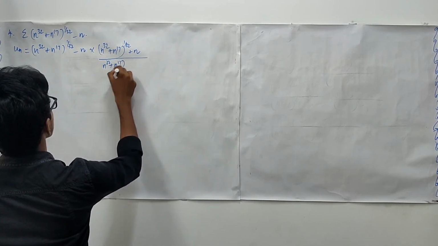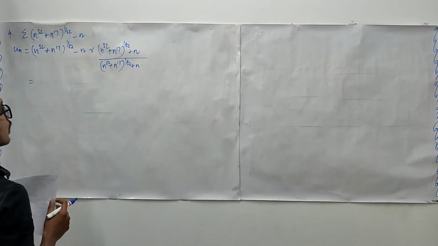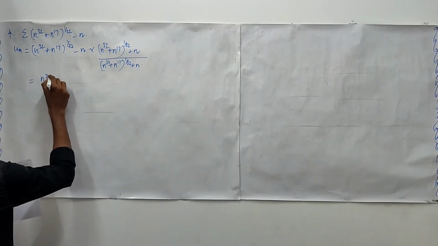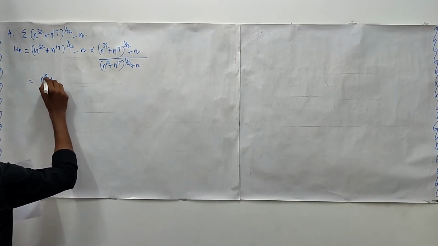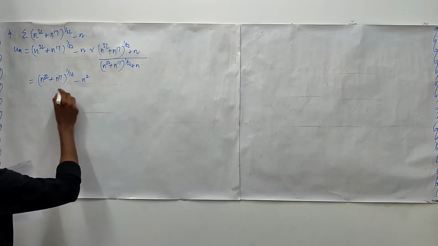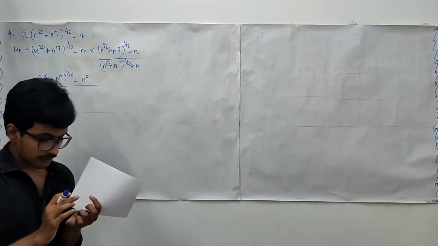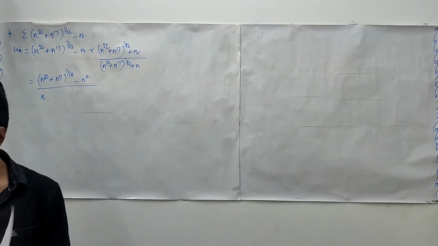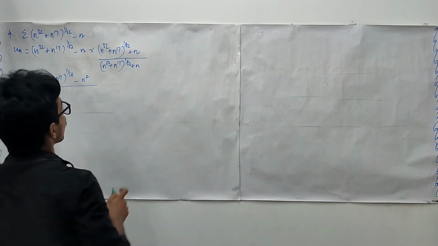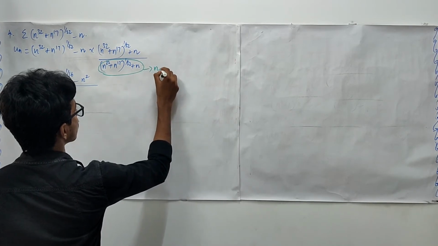In the numerator, it is in the form of a minus b into a plus b, a square minus b square. So it is going to become n to the power 32 plus n to the power 17, to the power 1 by 16, minus n square, upon this quantity. For simplicity, let me write this quantity simply as n32.